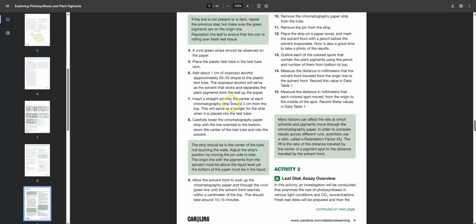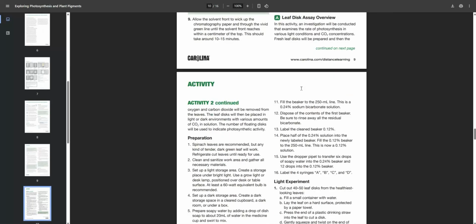And then you're going to basically just be putting a green line from the spinach. You're going to be rolling it onto the paper, and then you're going to have some isopropyl alcohol that's going to end up wicking up the chromatography paper and separating out the plant pigments so that you should be able to see different colors from the spinach leaves, like the spinach that you rolled out onto there.